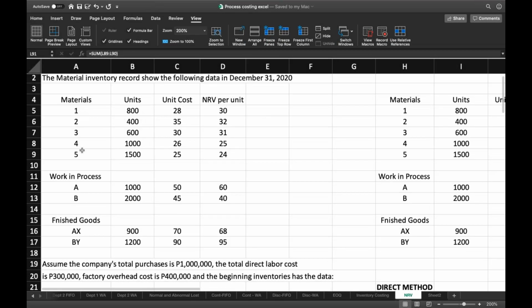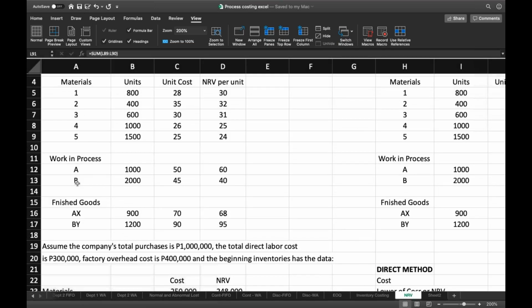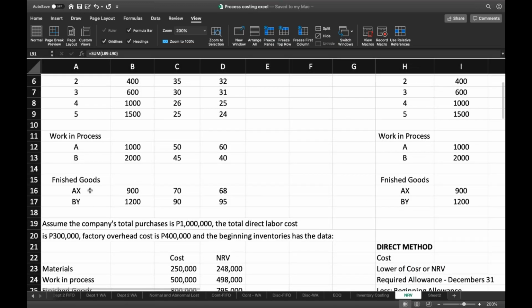We have materials 1 to 5, the number of units, the unit cost, and the NRV per unit. Work in process A and B, number of units, the unit cost, and the NRV. Finished goods, number of units, cost, and NRV.